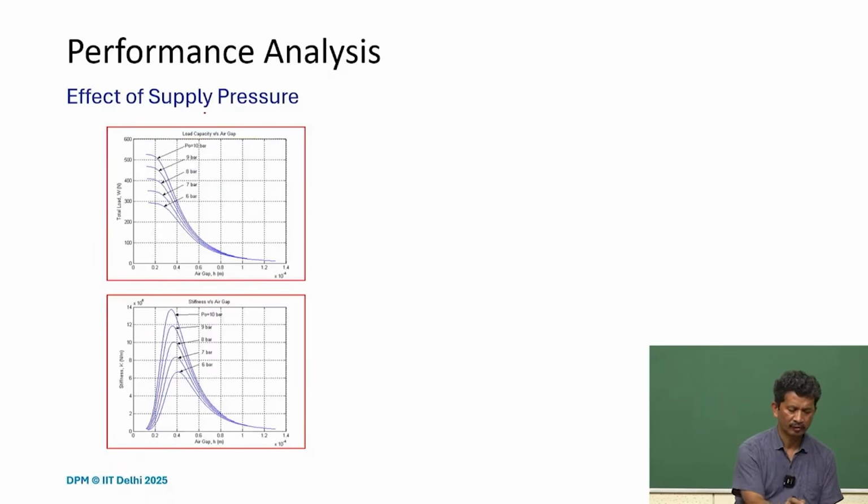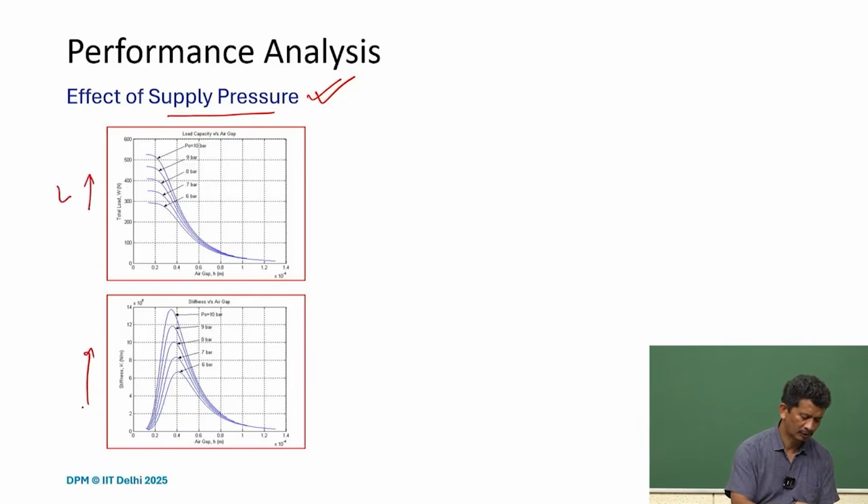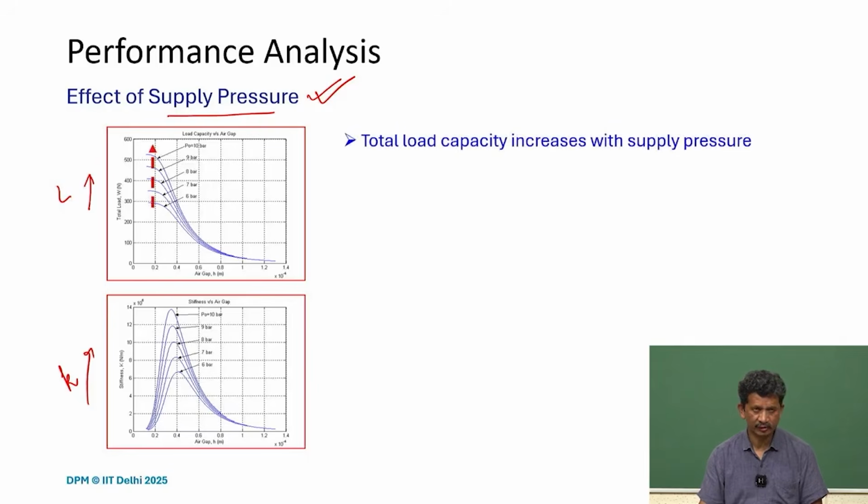Similarly, what happens if we change the supply pressure of the air? Again, this is the load, and this is the stiffness we are talking about. So load capacity versus stiffness, and now we are changing the supply pressure.